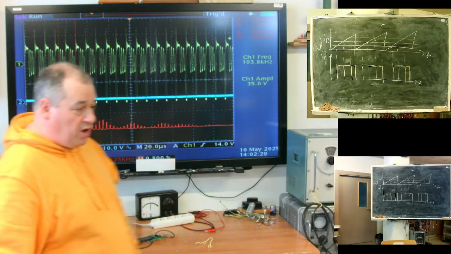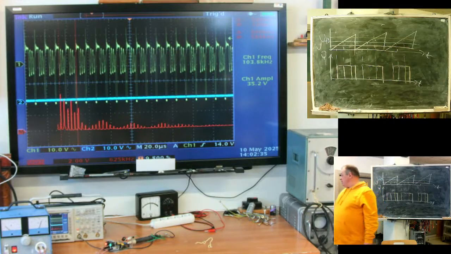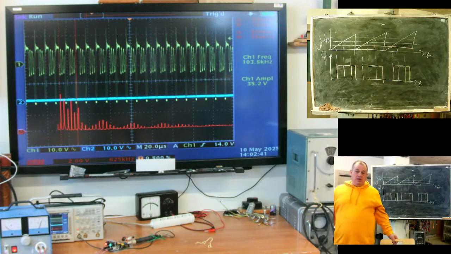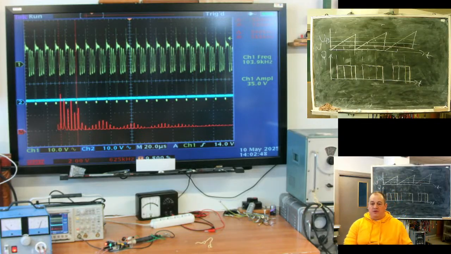Such power supplies are small in geometry, in weight. PWM, pulse width modulation is most desired kind. Okay.